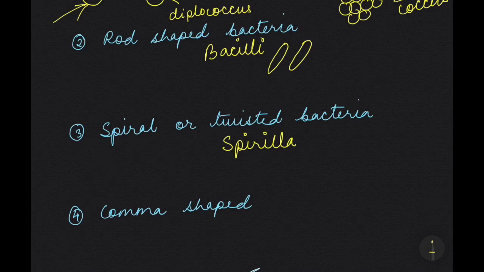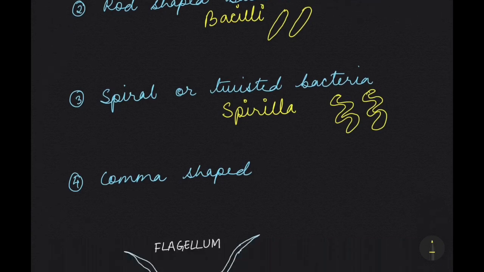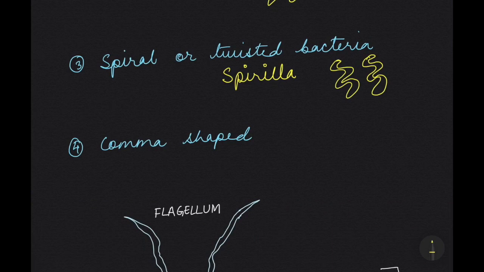So they are twisted this way, spirilla, in the form of spirals. You know what a spiral is, isn't it? And then we have comma shaped, which is known as vibrio. Comma shaped or vibrio, like a comma.